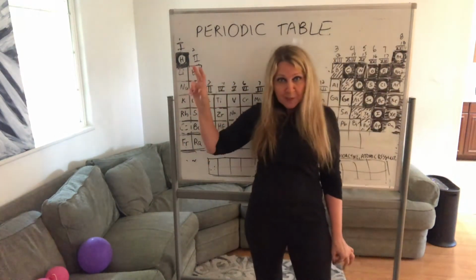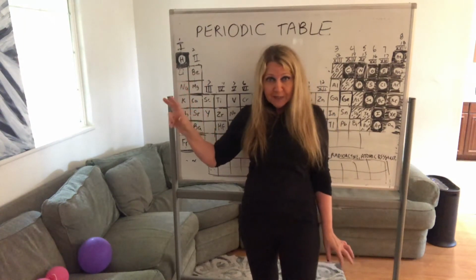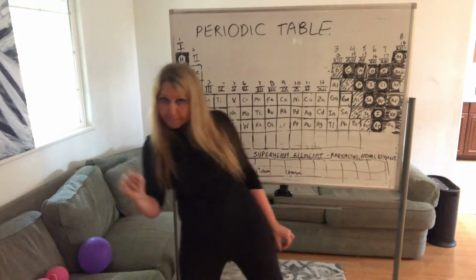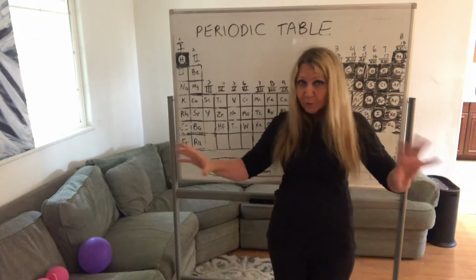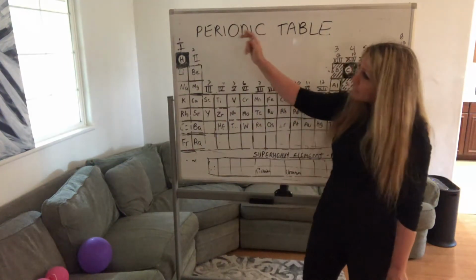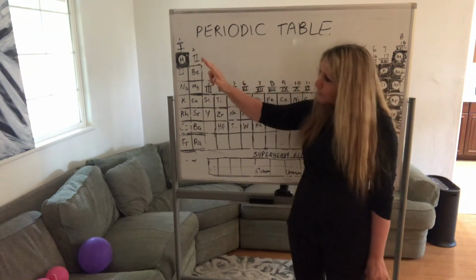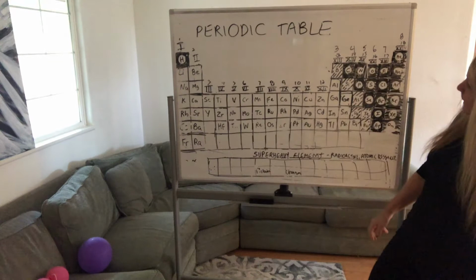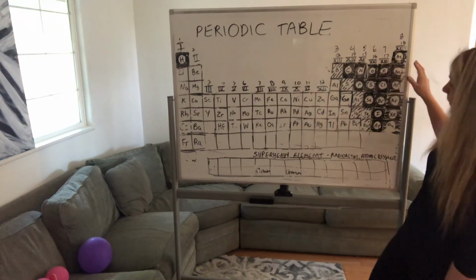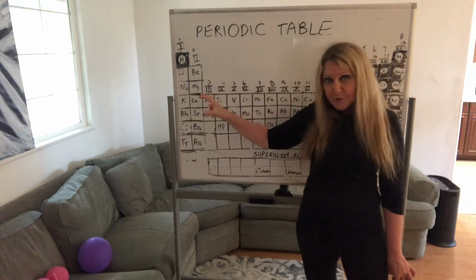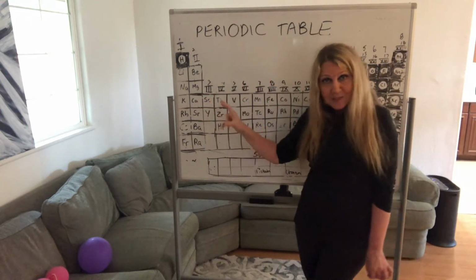For some of the groups, we can actually tell the number of valence electrons the atoms have by their group number. Not always though, so there are a lot of rule breakers in this case. But for groups 1, 2, and 13 through 18, we can use those numbers to indicate how many valence electrons they have.